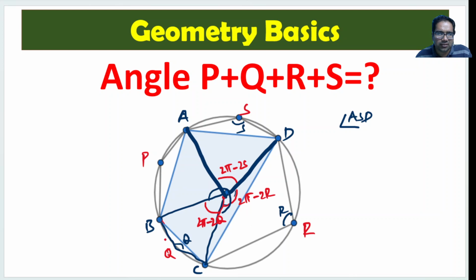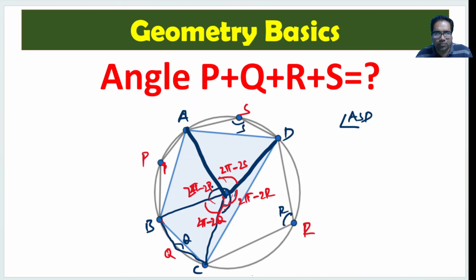Similarly, this entire arc is making angle P here. That means this entire part is 2P, and this is 2 pi minus 2P. So finally, what do we have? All four parts, one, two, three, four, which are completely disjoint, are totaling up to 360 degrees.